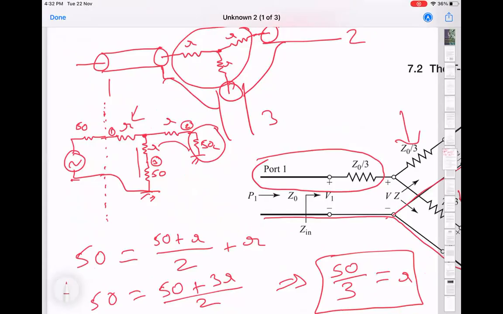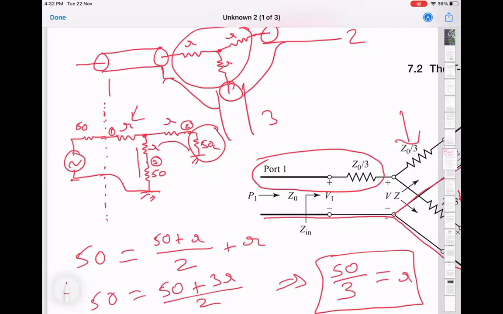As long as nothing comes back and it looks like a 50 ohm characteristic impedance, then that is what we are doing. So I'm checking that if I put 50 ohm terminations on two of the ports, and I look at the input impedance from the third port, what value of small r for this divider network would give me 50 ohms? Because that is the only combination which I can use to construct a matched system.